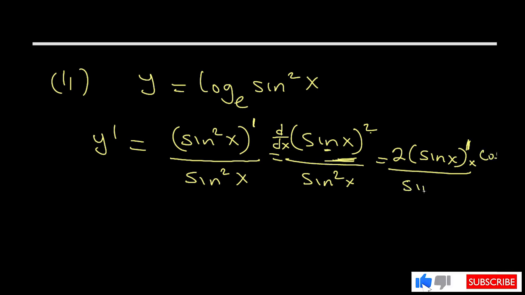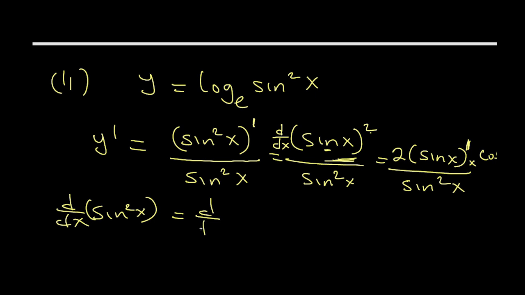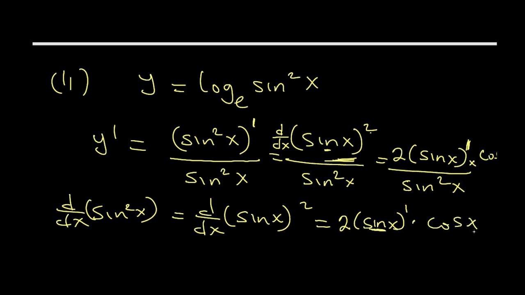If you want to differentiate this one, d/dx of this function, it's far better to write it in this way, and this will be equal to the power coming to the front. Don't forget to write the base, and then the power minus 1, that's 1, and then times the derivative of that function, that's cos x. So that's what we have done in that case.